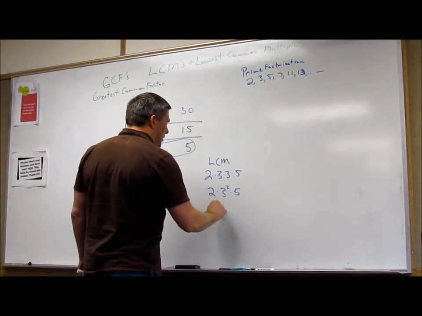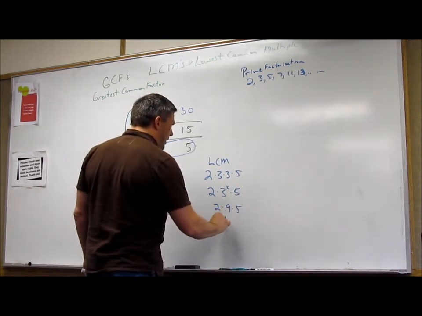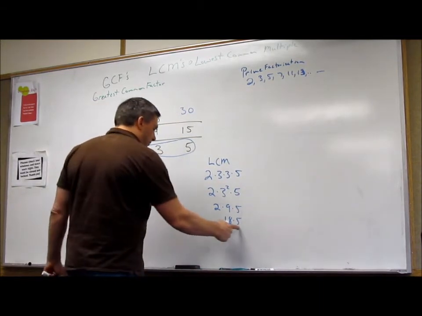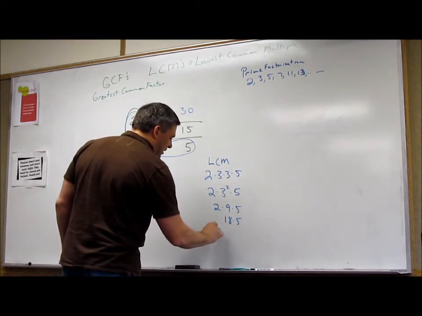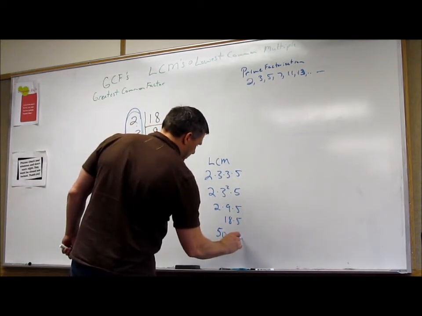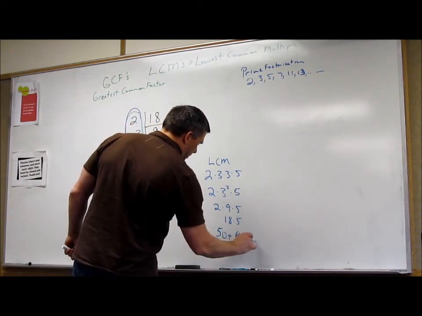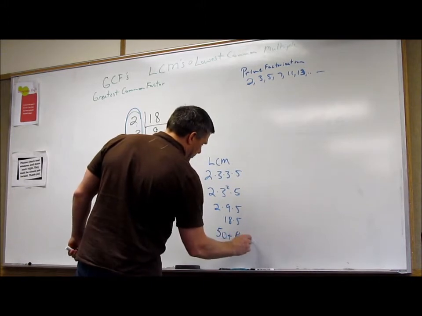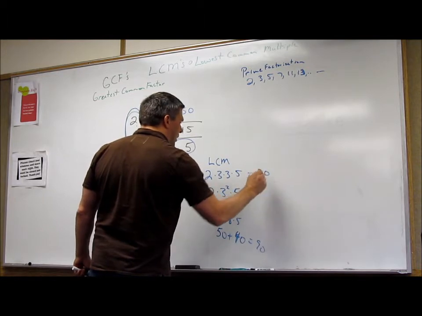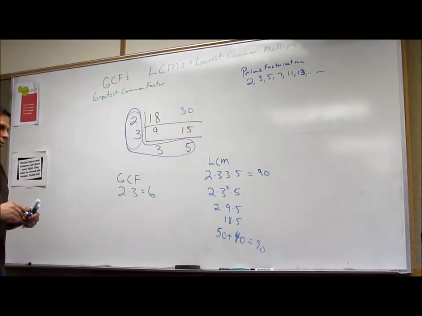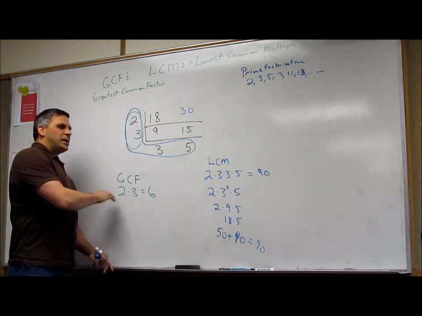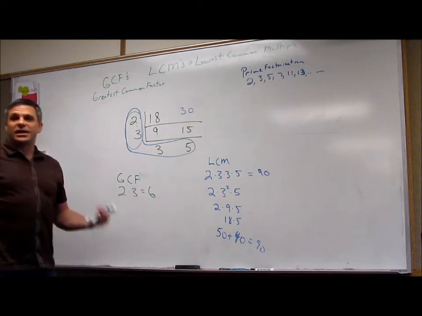Well, that's 2 times 9 times 5, or 18 times 5, which is, again, 5 times 10 is 50, and 5 times 8 is 40, so they equal 90. So my LCM is 90. Okay? Now, that's great. The LCM is 90, the GCF is 6.